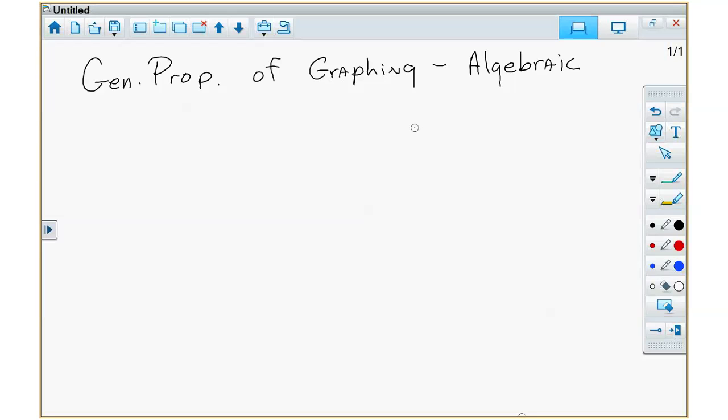The first part is about the slope. There's two parts. One is slope, and the other one is finding the equation.